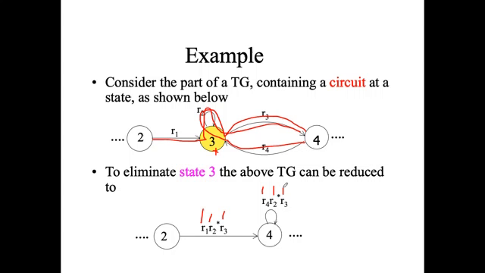So you have to be very careful when you eliminate states, because eliminating states may involve multiple paths, and you have to make sure that the resultant transition graph follows these paths.